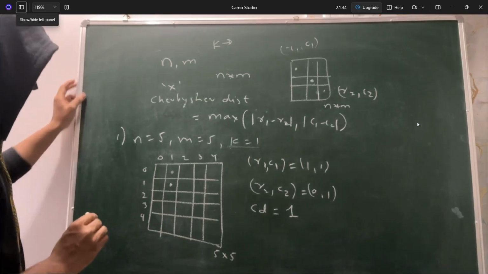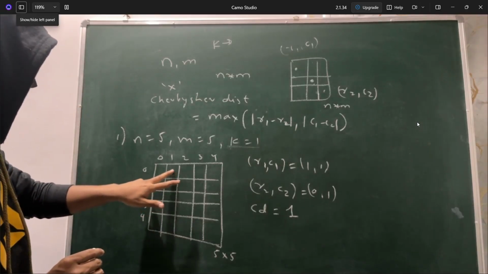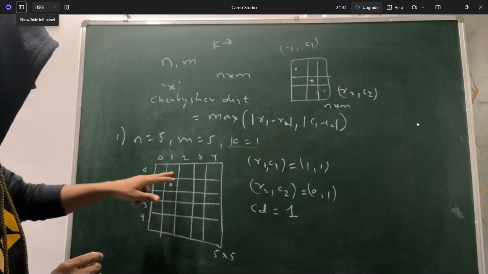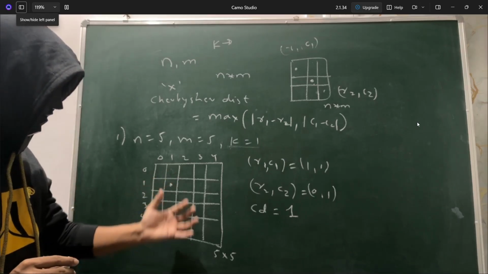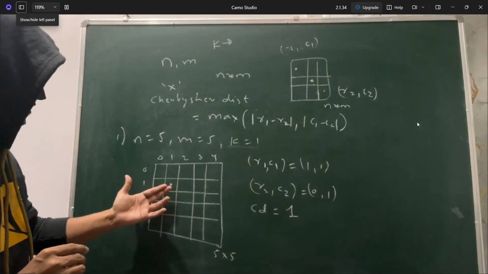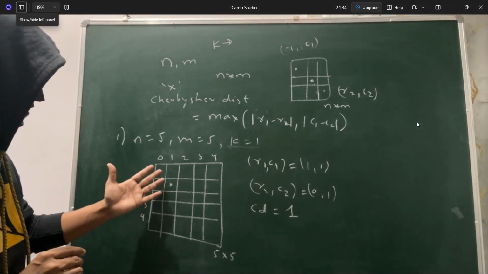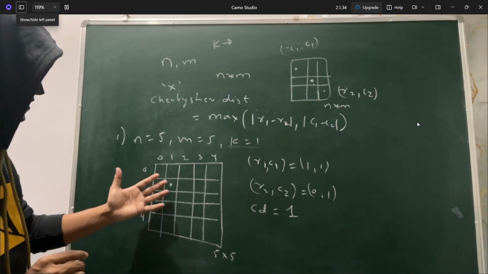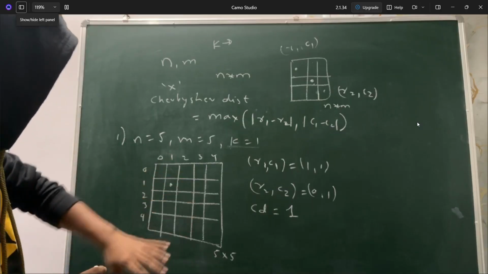You don't need to place a sensor at this position. You have to place the minimum number of sensors such that all the cells in this grid are within range of one sensor or another.